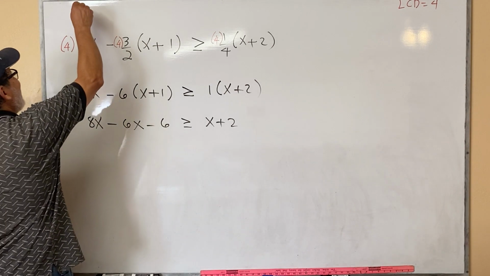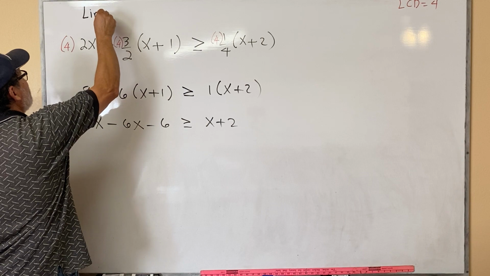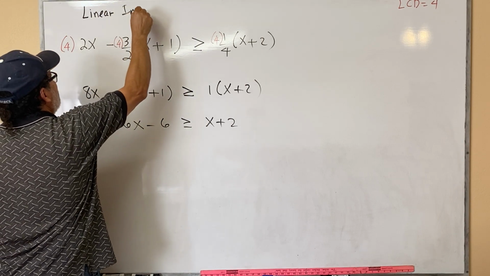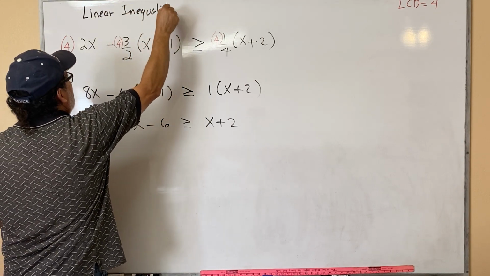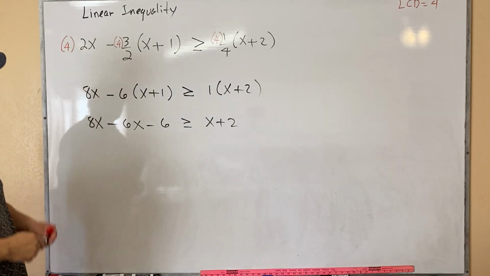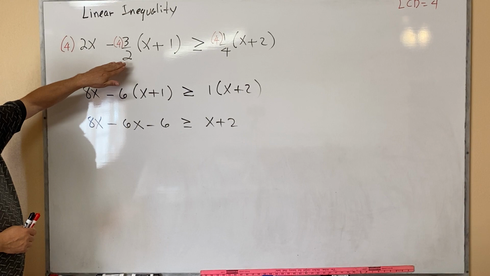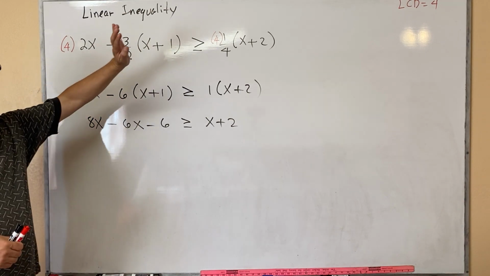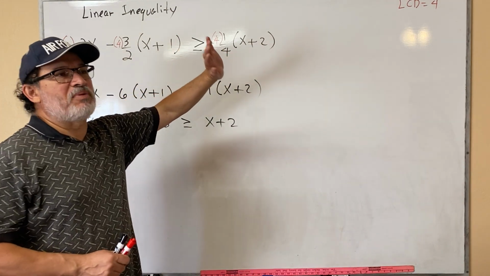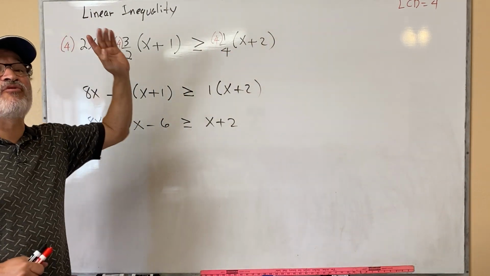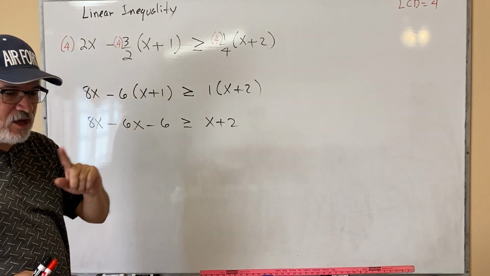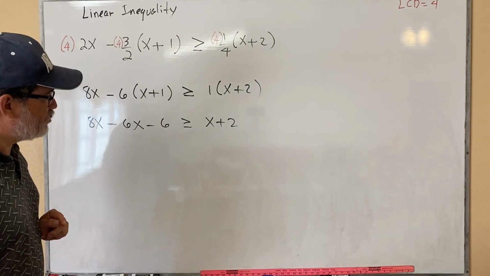This is a linear inequality. And note, if it has fractions, we find the LCD, and then we multiply everything, every numerator. Don't forget this now, every numerator by the LCD.